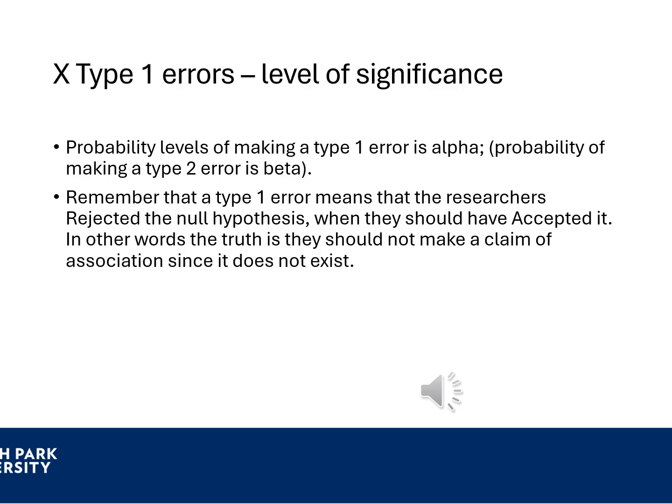A type 1 error means that you rejected the null hypothesis when it should have been accepted. We're going to find out that a type 2 error means that you accepted the null hypothesis when it should have been rejected. So type 1 is RA. Just remember RA, and it has everything to do with how you respond to the null hypothesis. So read that over a couple of times and you should have it for the exam.